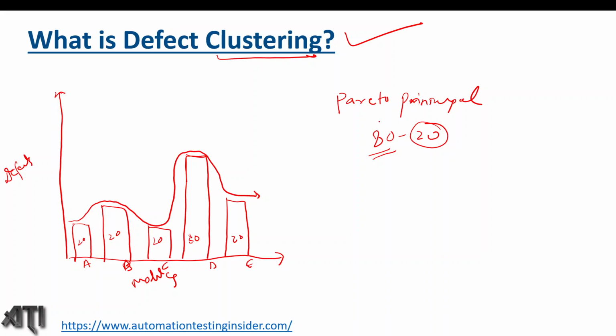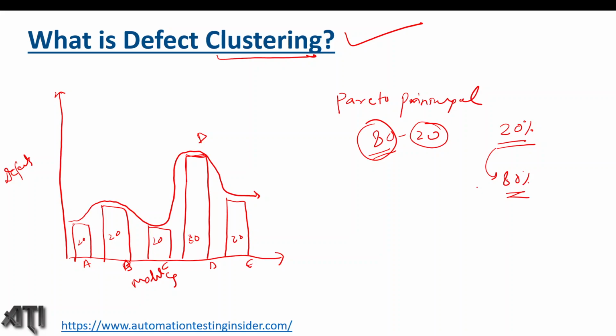We are getting 80% of the defects in 20% of the modules. In this case we are getting 80% of the defects in module D. So this is the Pareto principle, or in other words, we have written the test cases and 20% of the test cases are effective to get 80% of the defects in the application.